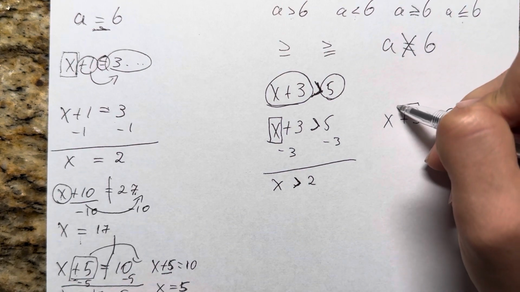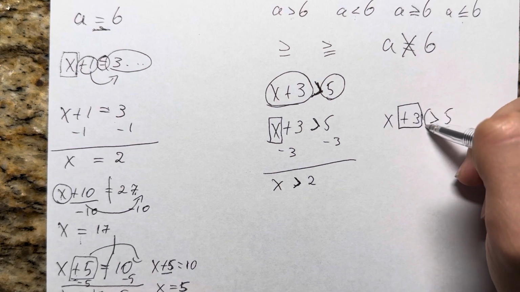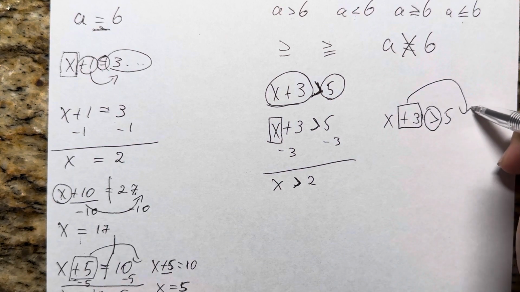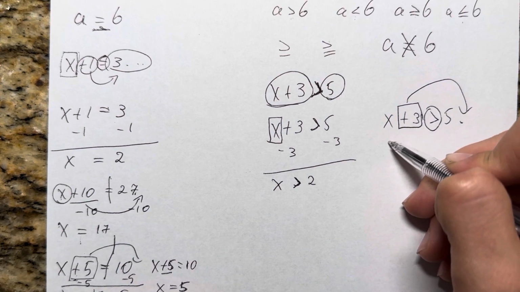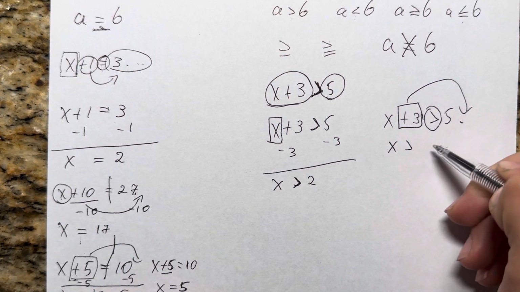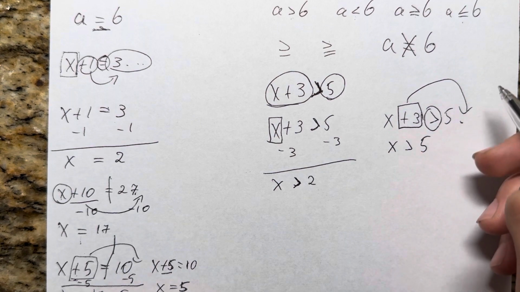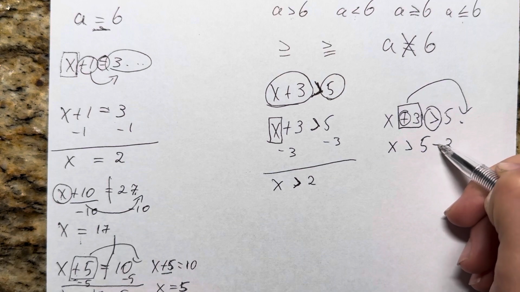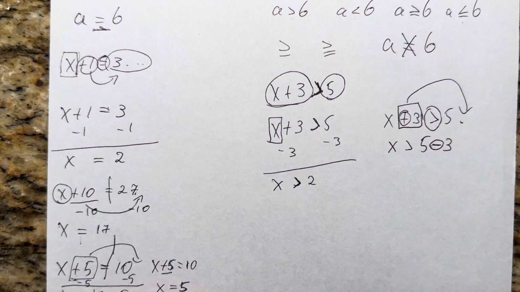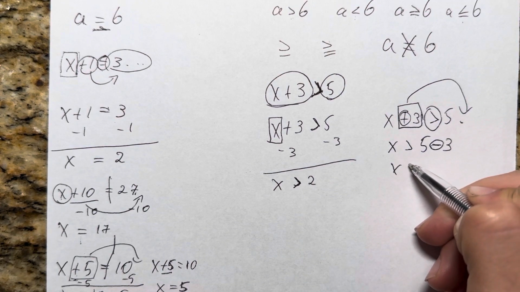We can flip this over in the greater than sign like this, and then the opposite sign, remember. So we'll get x greater than 5, same number but different sign, and just x greater than 2.